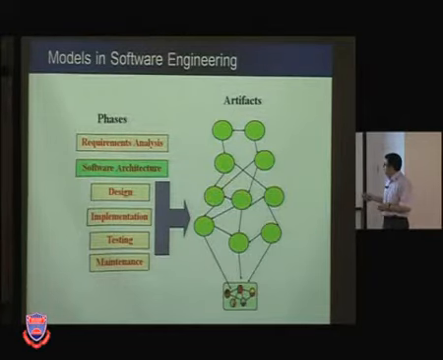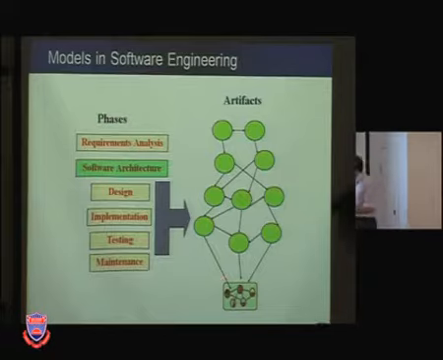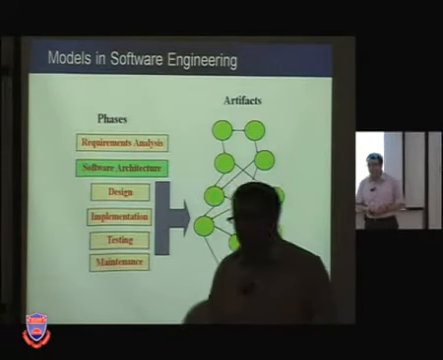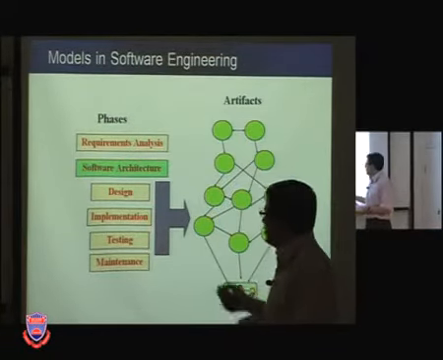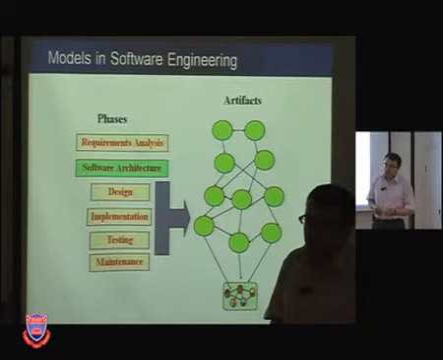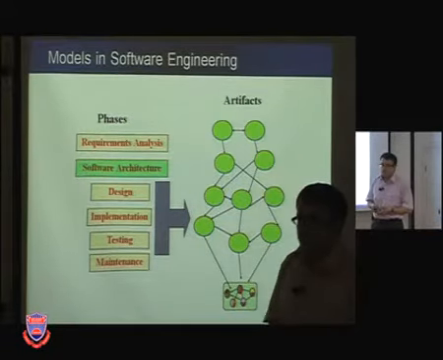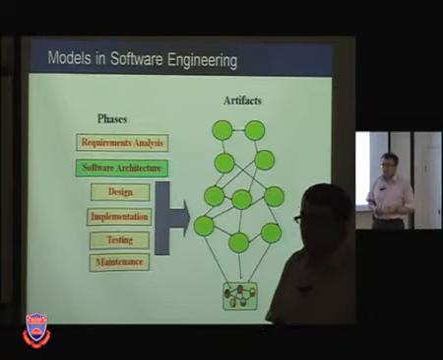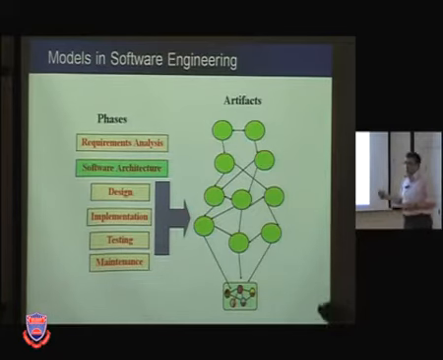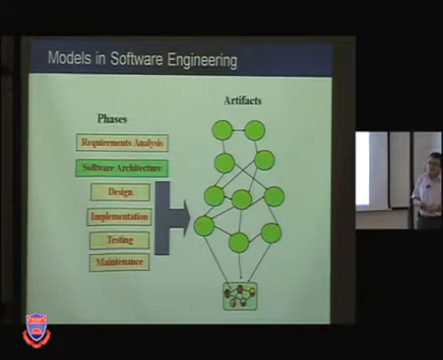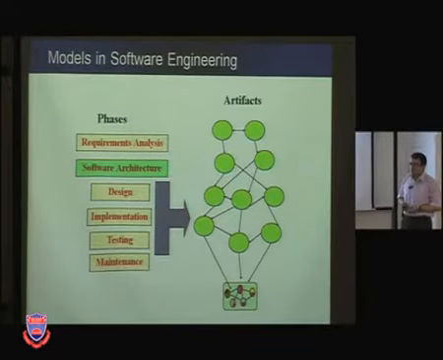They are all implicitly or explicitly related, and in the end we get the final code. Again, this is not meant to be a waterfall life cycle, but just to illustrate that any life cycle consists of several phases, which produce artifacts which are implicitly or explicitly related.